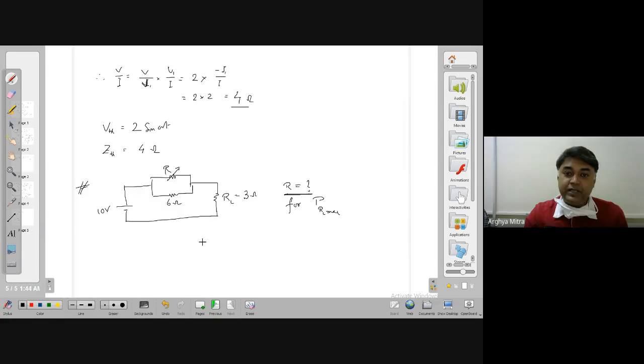I need to maximize the power through this resistance. So that means I need to maximize the current through this resistance. Maximum current through this will be there with a constant value of RL when my internal resistance is minimum.